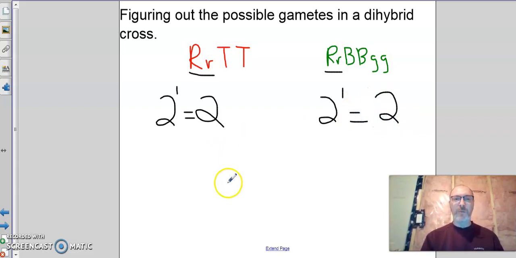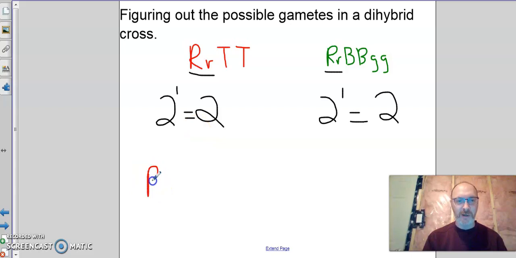So now when we figure out the possible gametes, we want to make sure that there's at least 1 letter from each type of gene that's represented in the genotype of the organism. When I figure that out for this parent here who's red, there are 2 possible gametes.